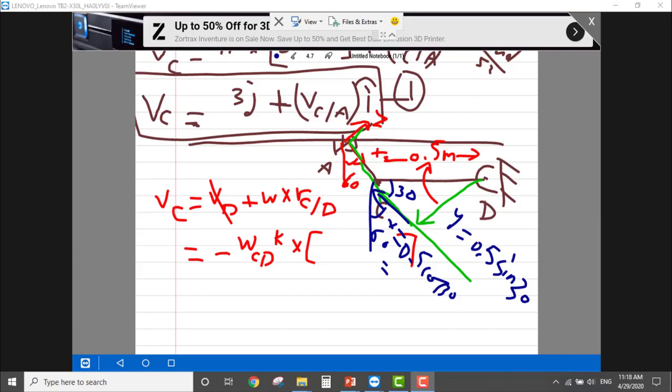So cosine 30 multiplied by 0.5 is equal to 0.433, and 0.5 sine 30 is equal to 0.25 meter, of course.